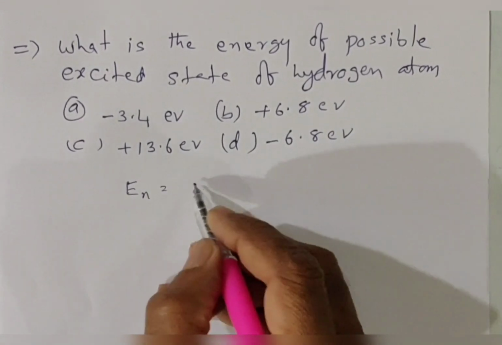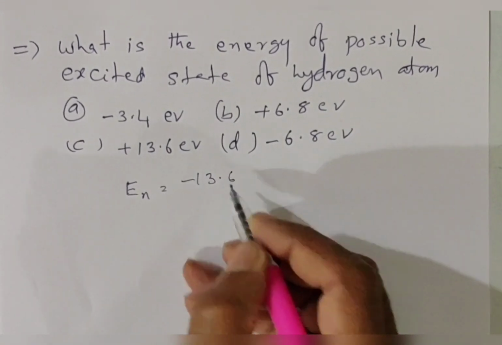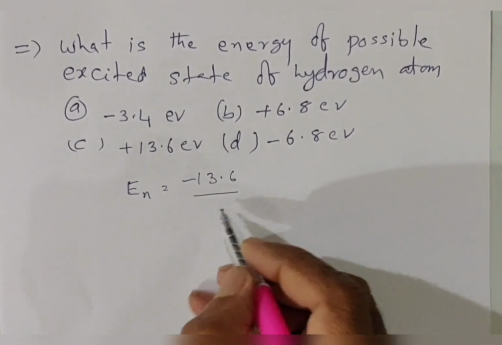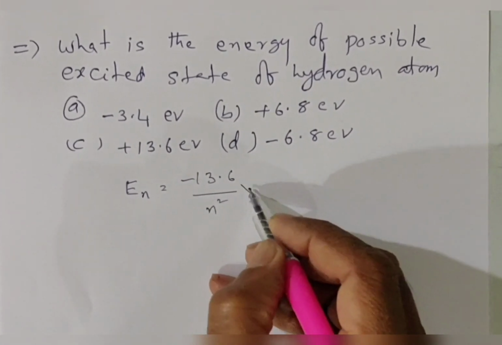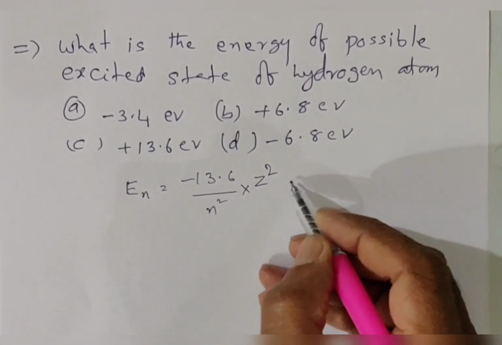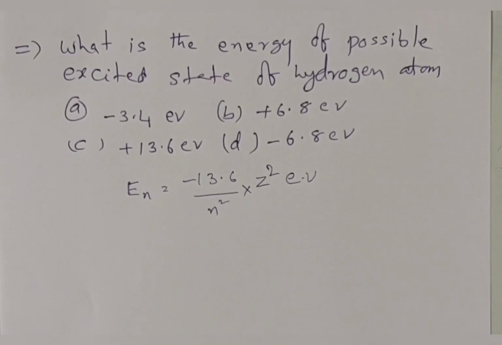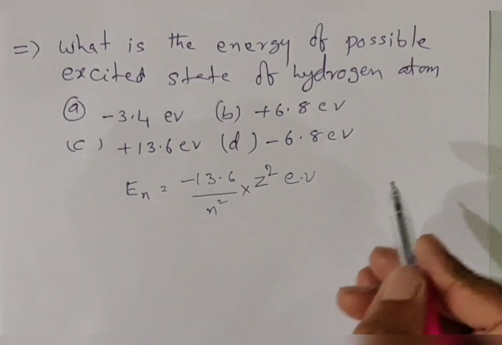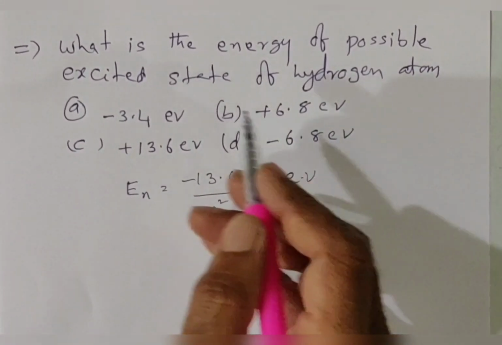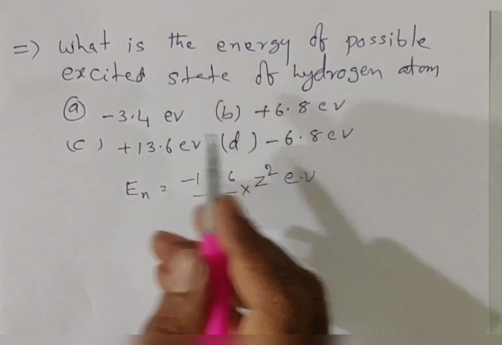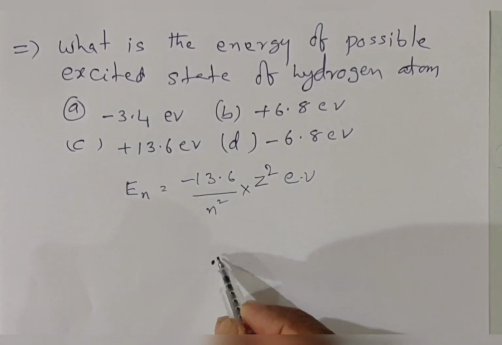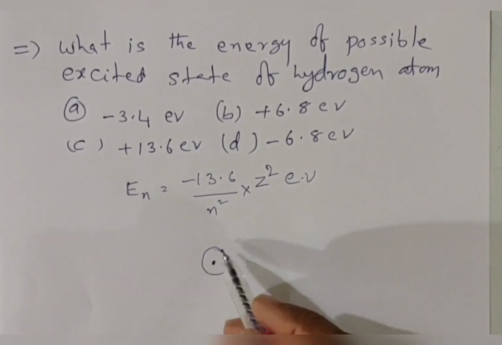En is equal to minus 13.6 by n square into Z square electron volts. This mathematical expression is used to calculate the energy of orbit.